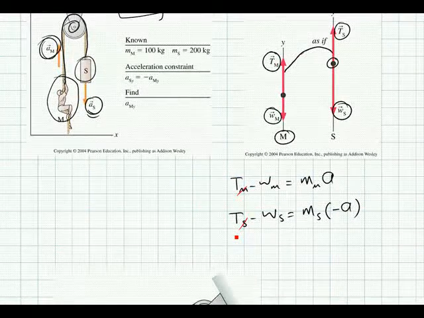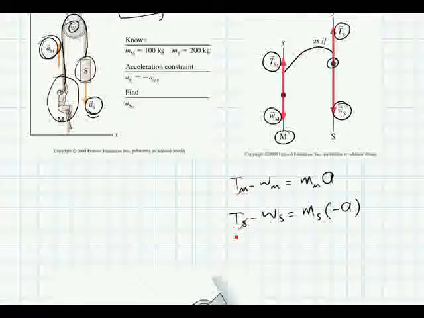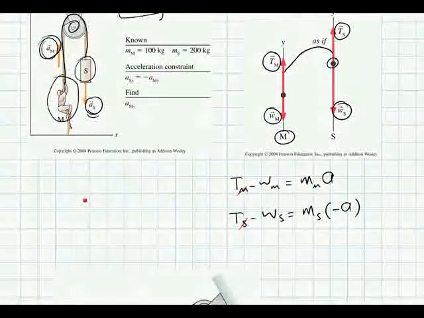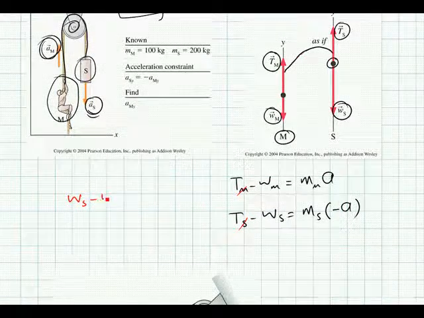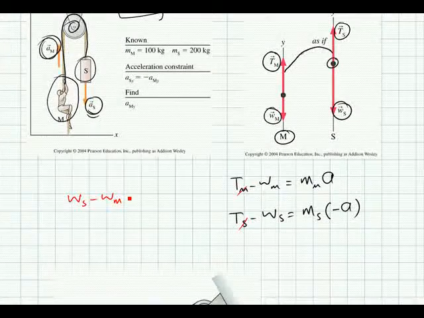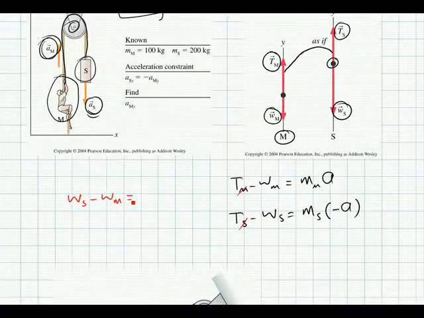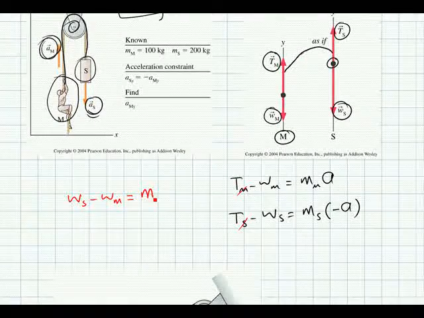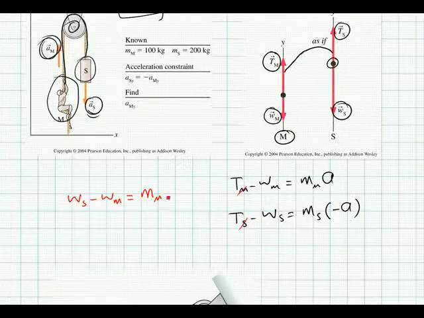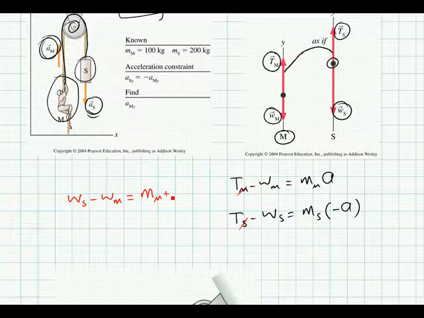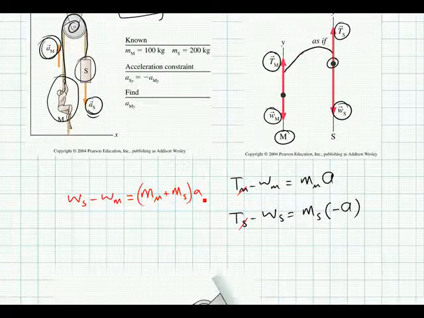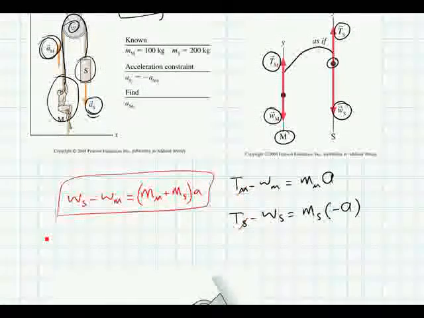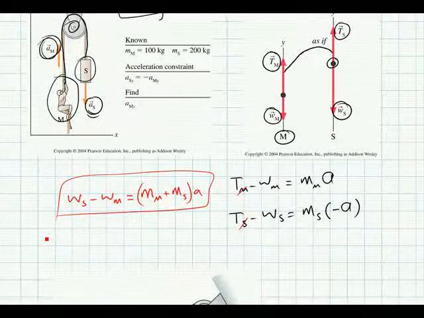You just call it T, combine the two equations, and let's just subtract one from the other, and you end up with Ws minus Wm is equal to the mass of man plus mass of safe times A. So now you can solve for A, for example, if you know the two masses.